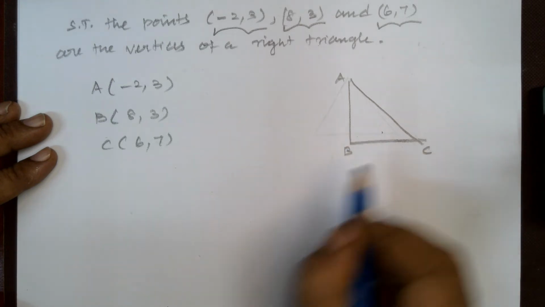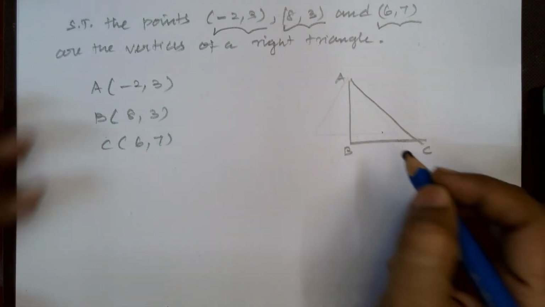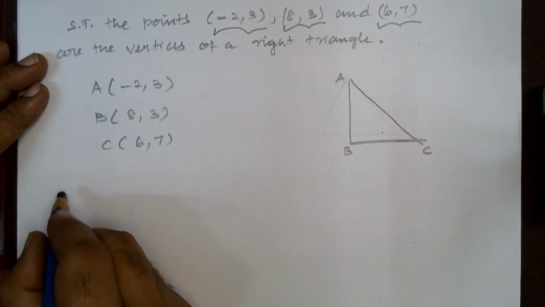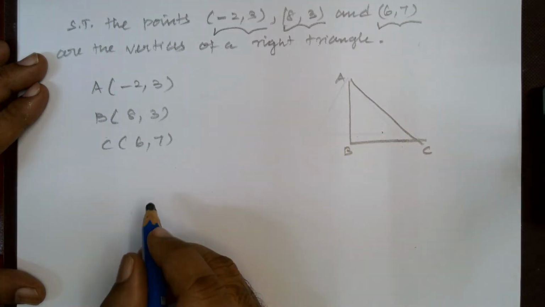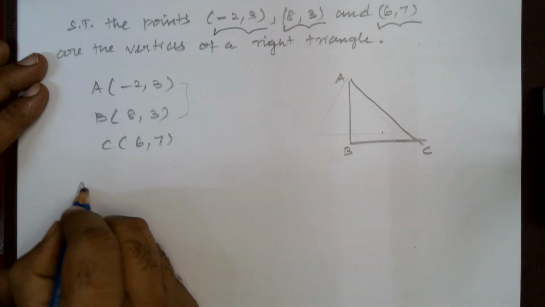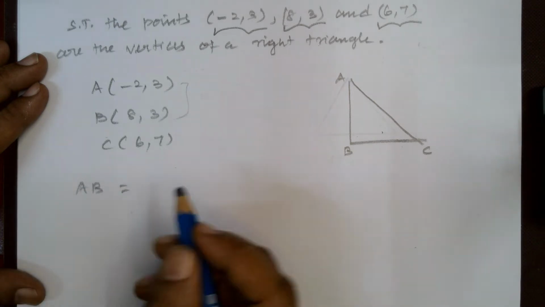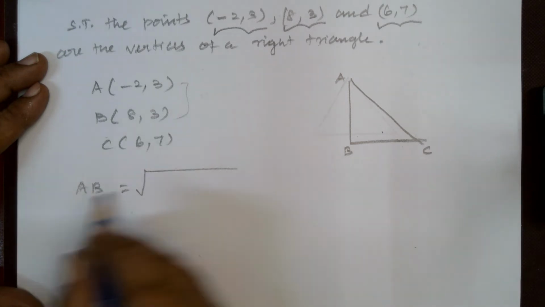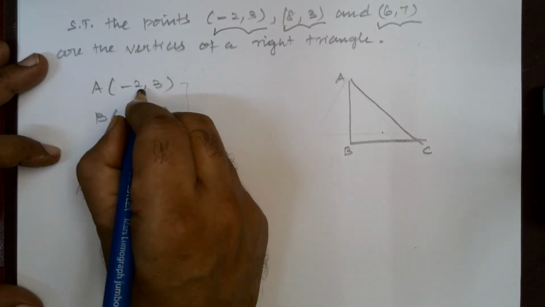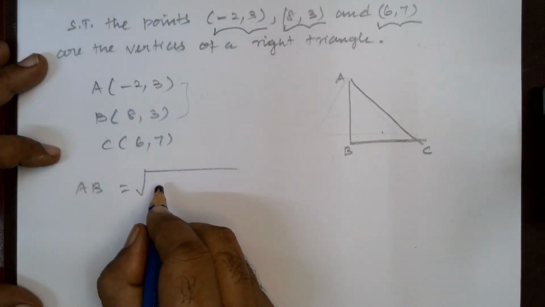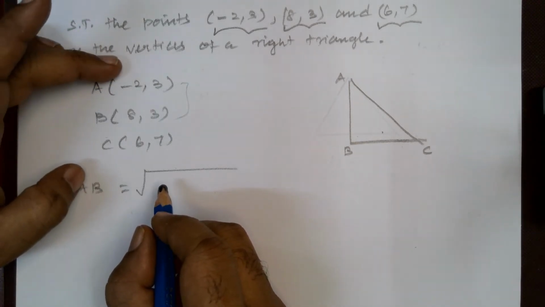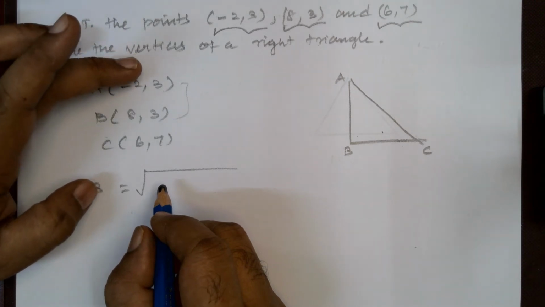We do not know where it is right angled. Anyway, we will draw this as A, B, C. Now let us find the distance between A and B. So AB is equal to the square root of, the point is minus 2, 3.